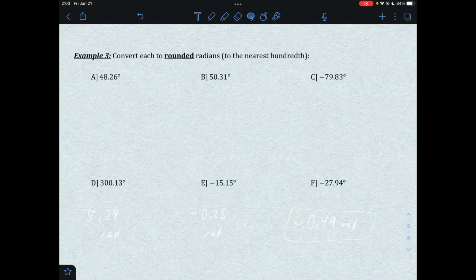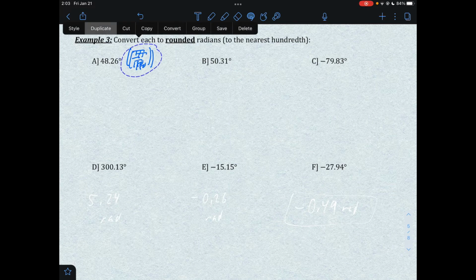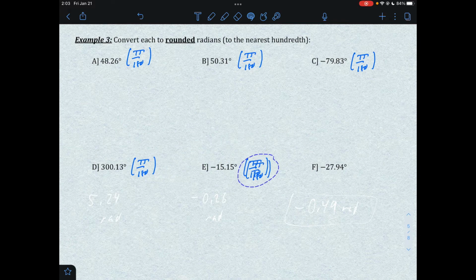All right, now I'll convert to rounded radians. We're still converting to radians, so we're still going to multiply by pi over 180 every time. But this we're going to need a calculator for.